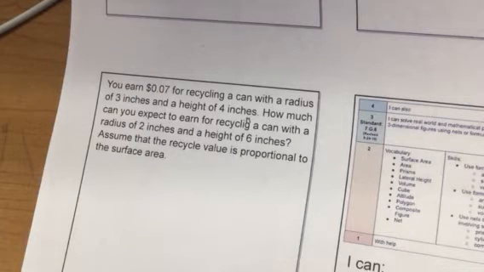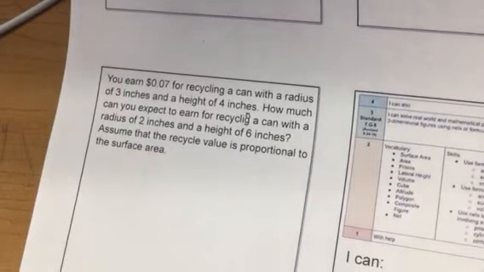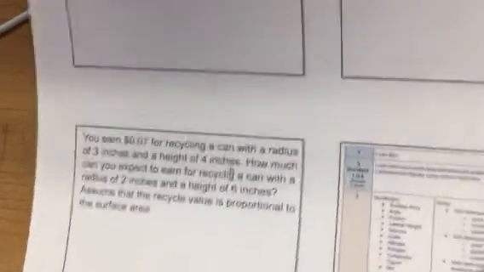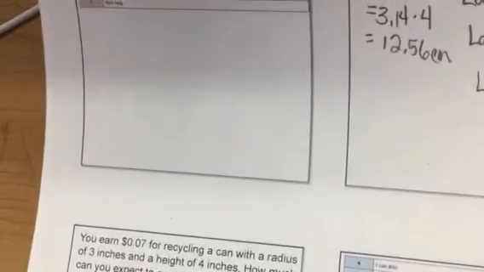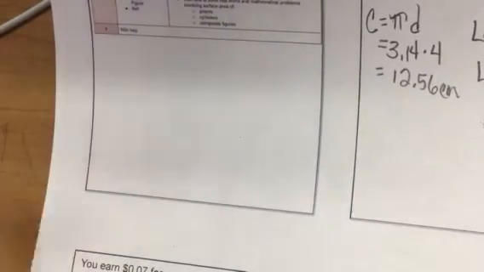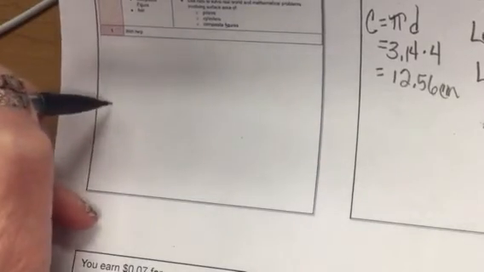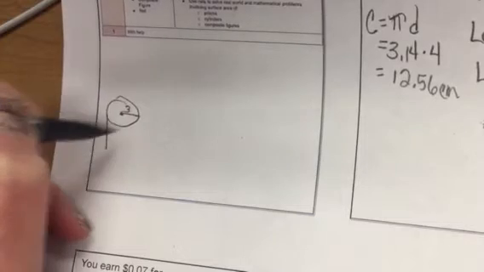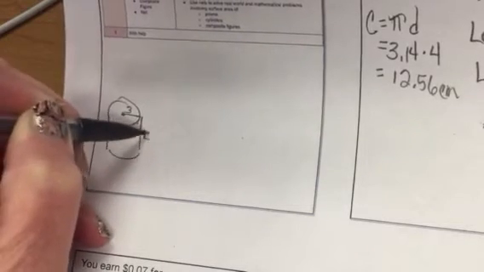Assuming that the recycle value is proportional to surface area. So what I have to do is find the surface area of both. So I'm going to go up here where I have a little more room, and I'm going to draw my first can. It has a radius of 3 and a height of 4.